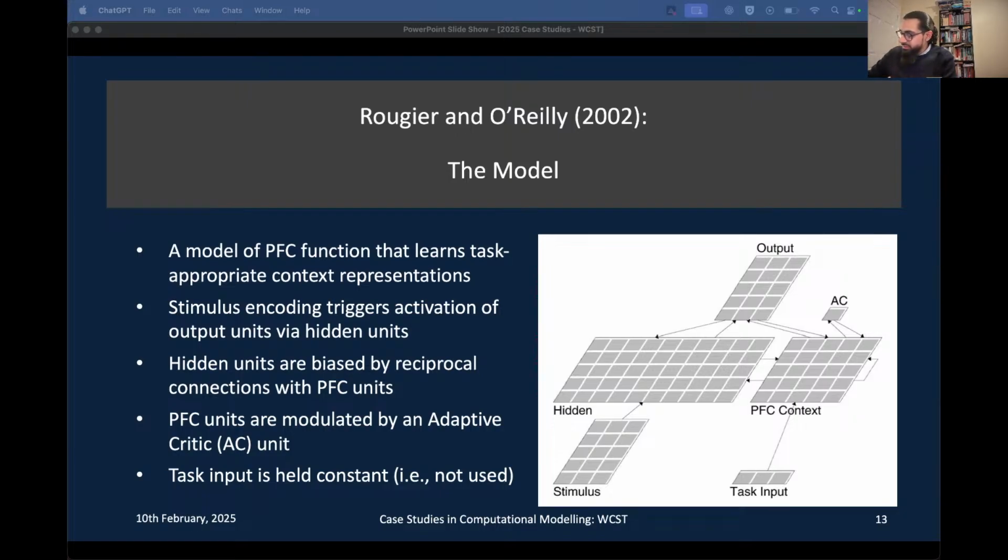So task input, okay. In principle, it could tell the model which task it's doing, okay.